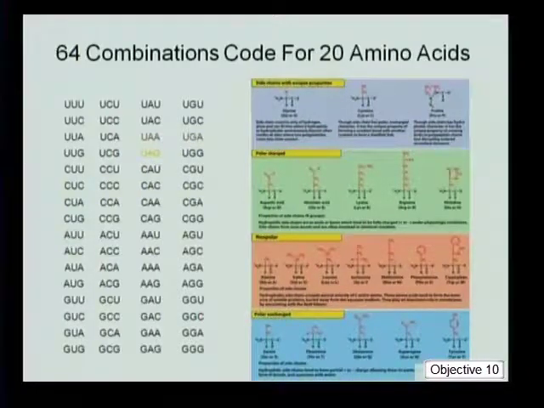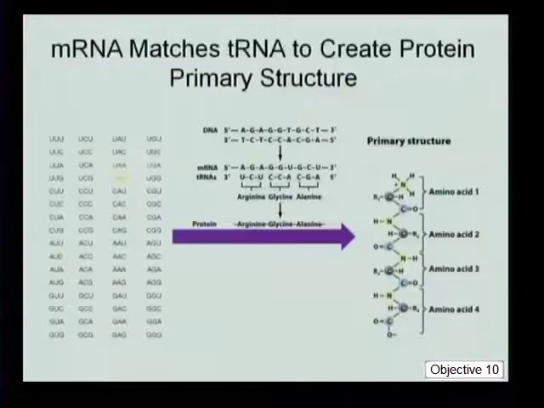There are 64 combinations coding for 20 different amino acids. The 64 combinations are shown at left. 20 amino acids that we studied in Module 3 are shown at right. As we said in an earlier objective, mRNA matches up to tRNA in order to create this protein primary structure.